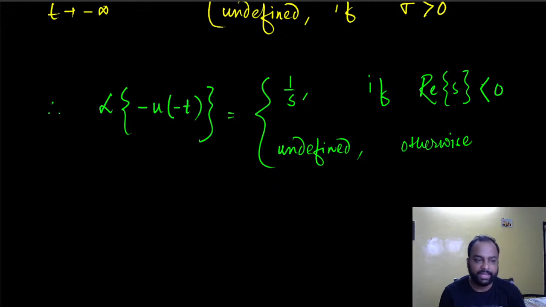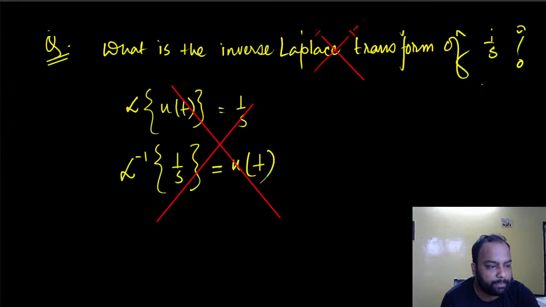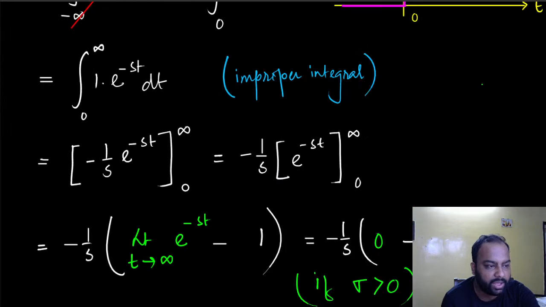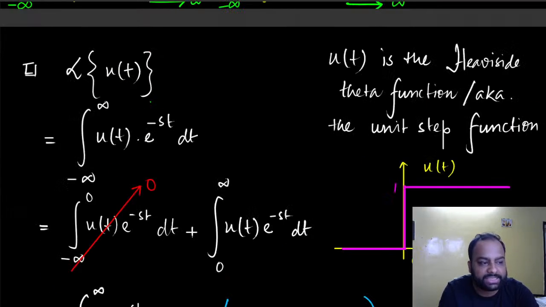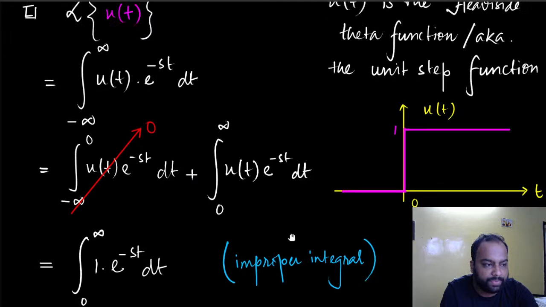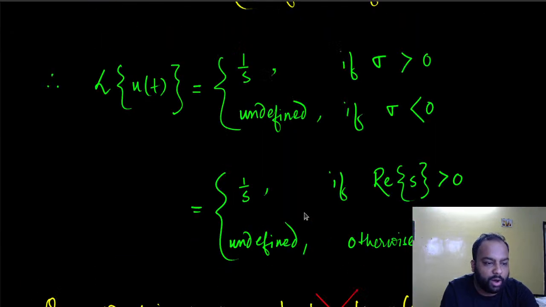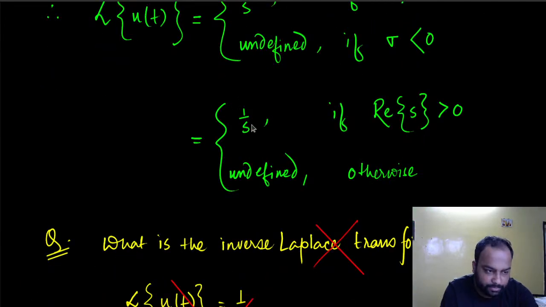We have seen that we took two completely different functions, right? First we calculated the Laplace transform of u(t), this signal here, and the Laplace transform of u(t) was 1 by s.